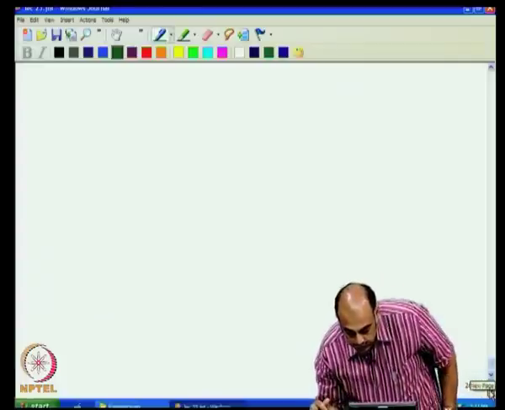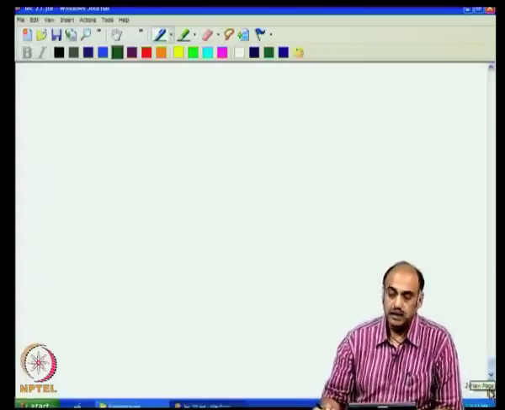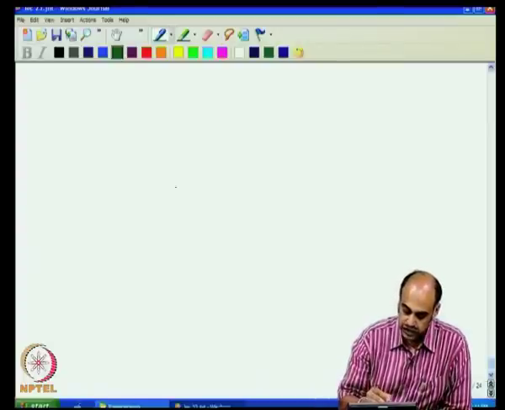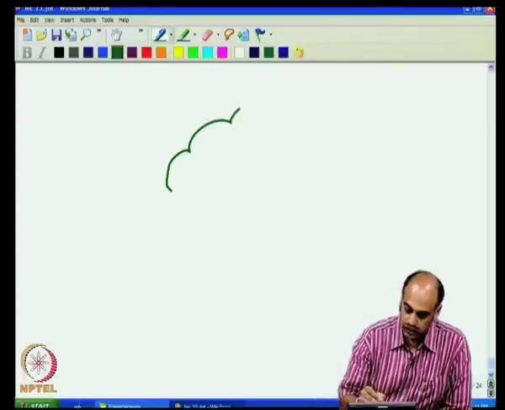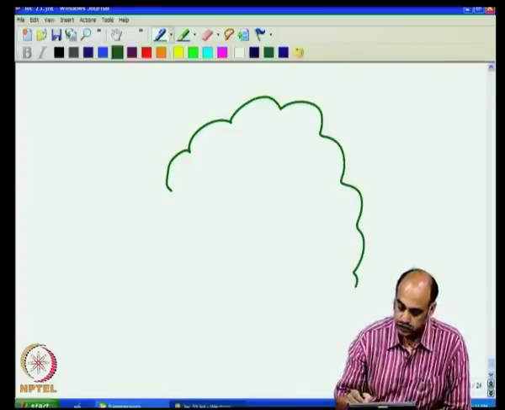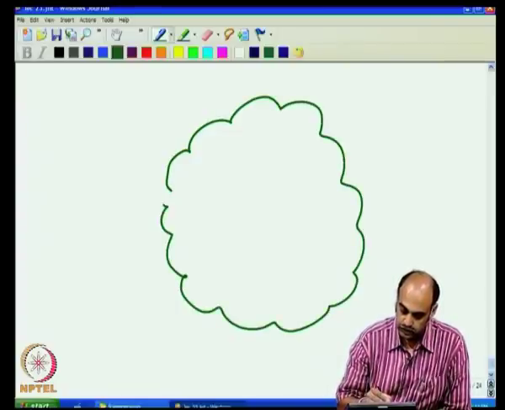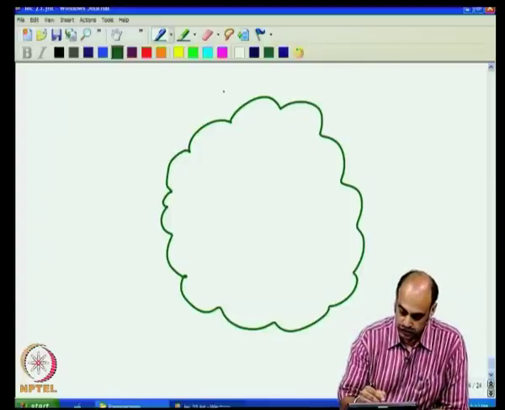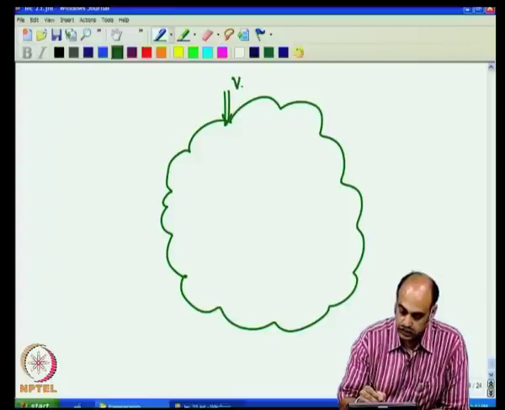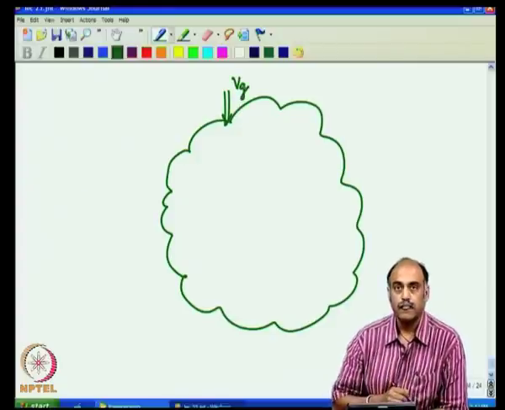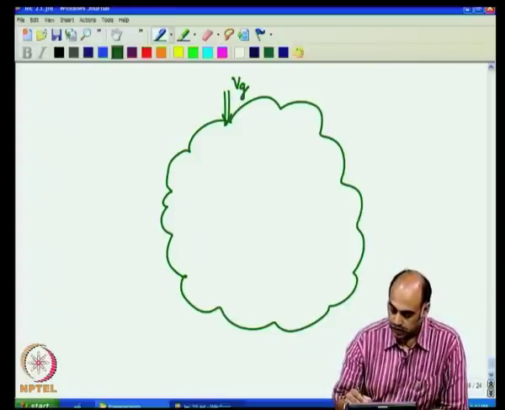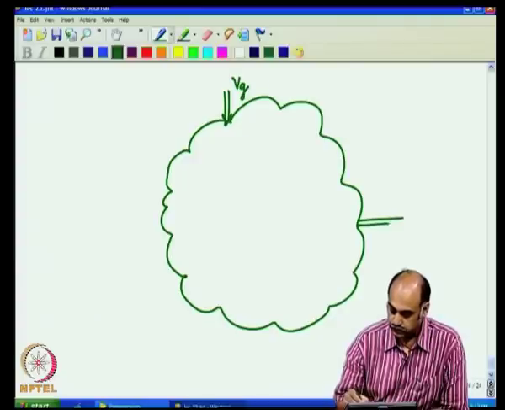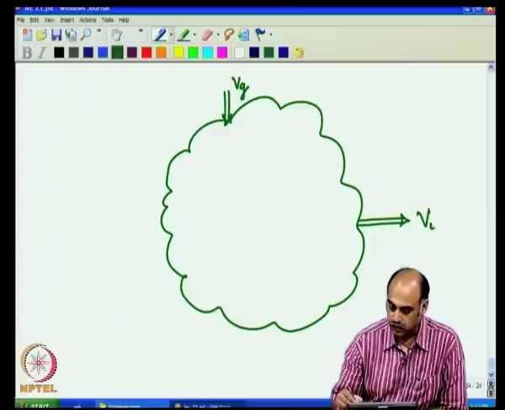So, if you look at our plant, which is for example in this case the boost converter, and let me say the controlled converter is something like this. We have a power input, this is called Vg, and we have an output, we are calling it as V naught.